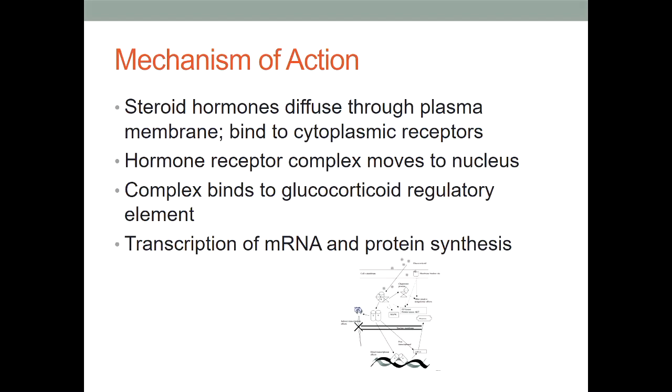So it's not like a peptide hormone that uses a cell surface receptor to usually kick off a bunch of enzymes. These hormones are going to work by actually synthesizing proteins. So they're going to be slower than peptide hormones. And their effects are going to last longer, because basically you're making a protein and you have to wait for that protein to be degraded before the effects of that hormone go away.